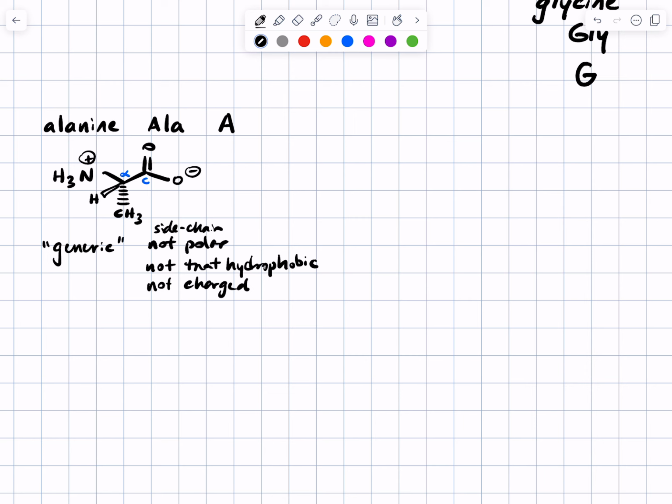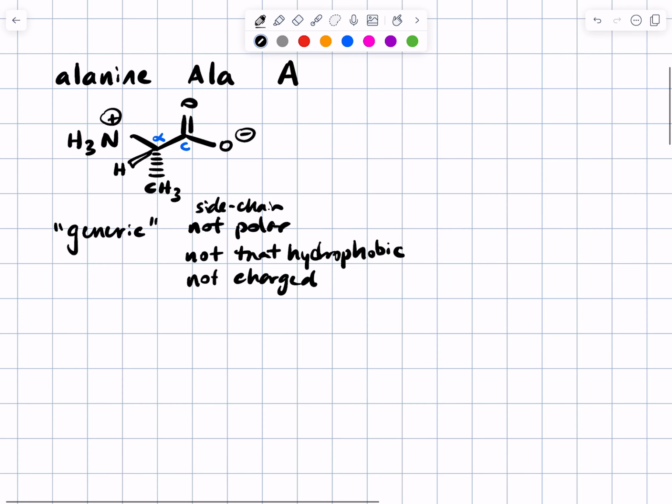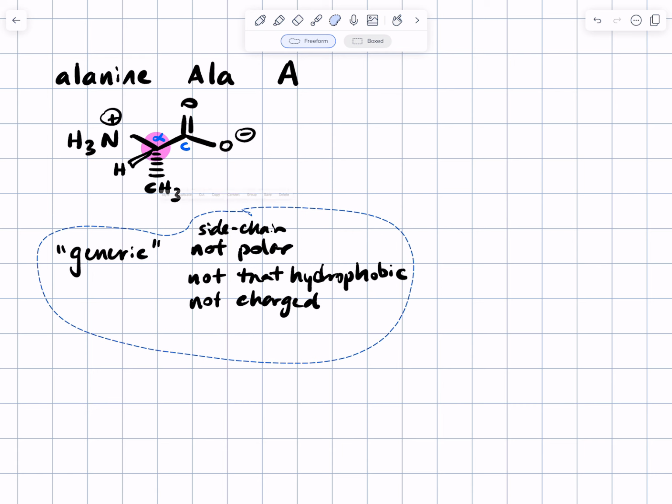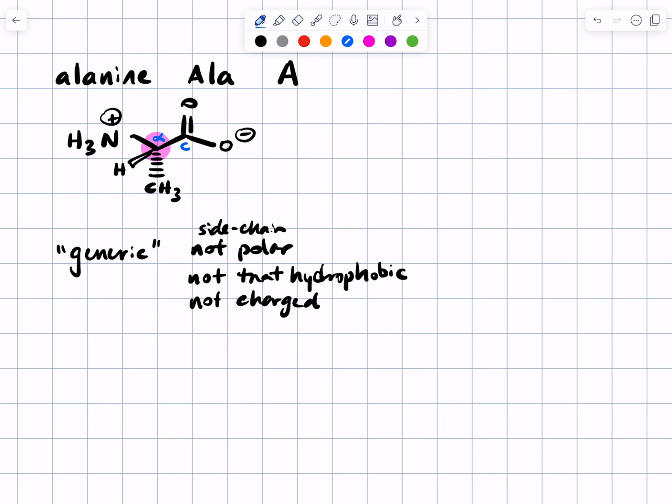So I'm calling it generic because alanine is comfortable in a lot of different environments. Alanine has a stereocenter. The stereocenter is here at the alpha carbon. If you assigned the stereochemical configuration of this stereocenter, it would be S. Nitrogen is priority group 1, the carbonyl carbon is 2, the methyl group is 3, 1, 2, 3, it's clockwise, but proton is up, so it should be S.